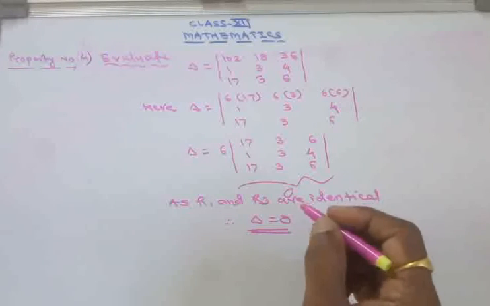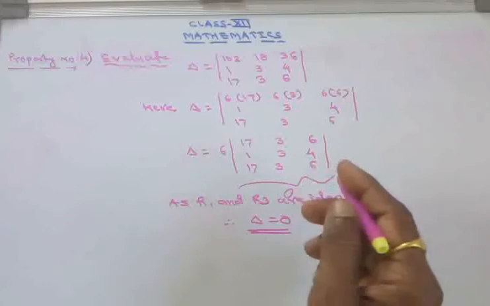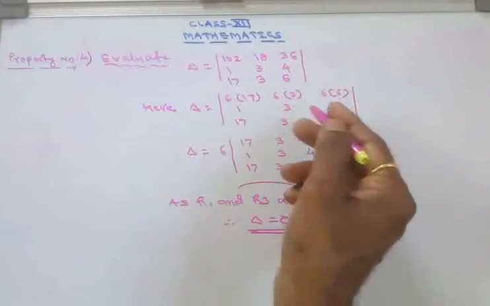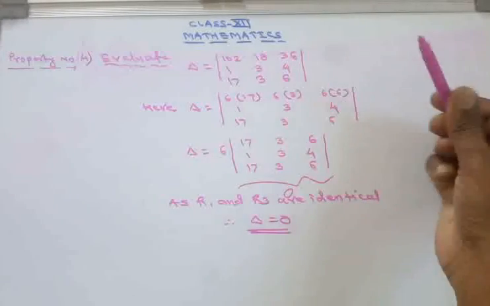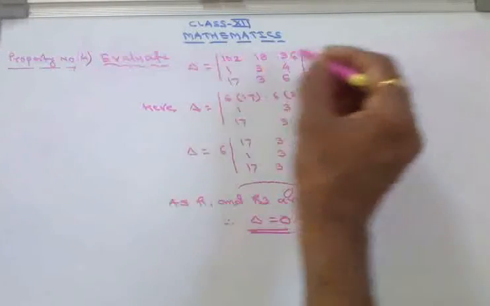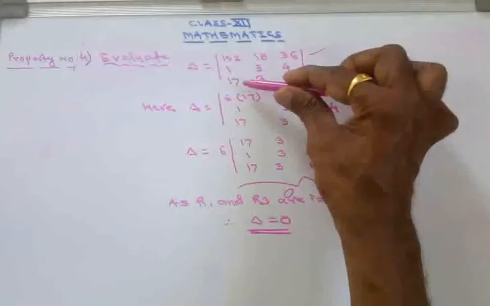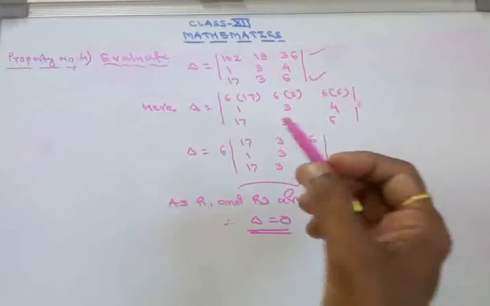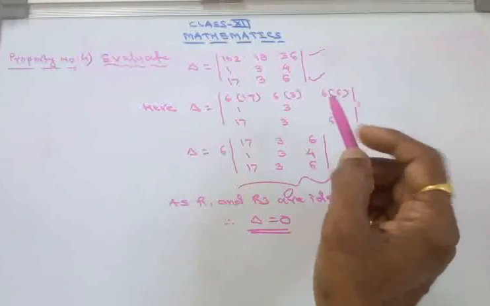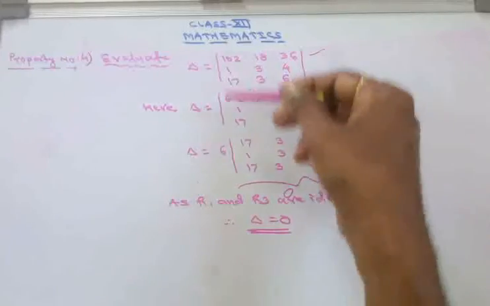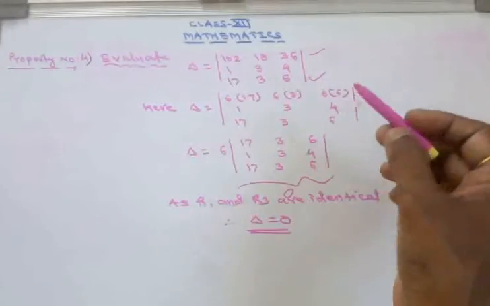So in this way, if we can take out a common factor from one of the rows, and the corresponding elements of any two rows, here the R1 elements and R3 elements, are proportional, we can say that if corresponding elements of any two rows or columns of a determinant are proportional in the same ratio, then its value is 0.